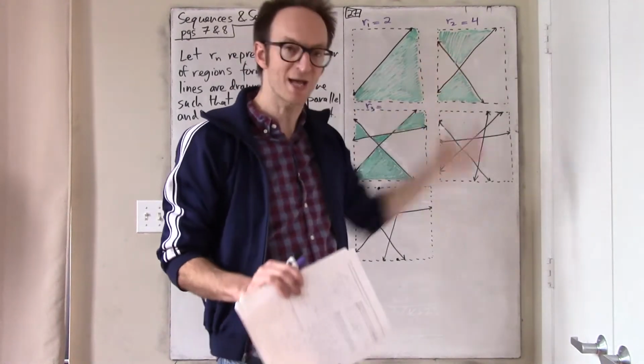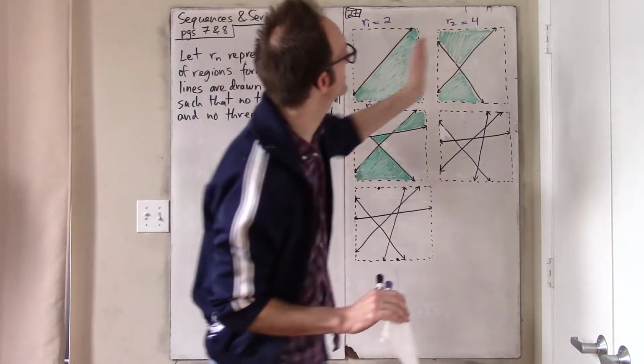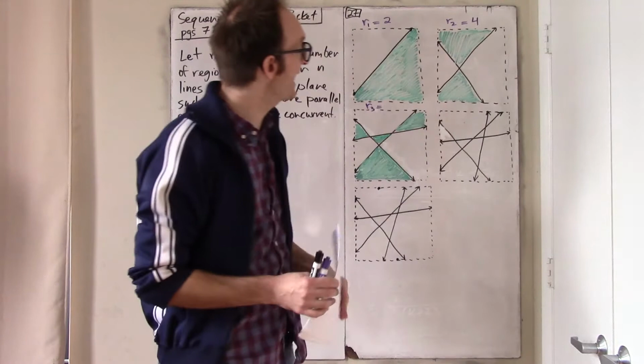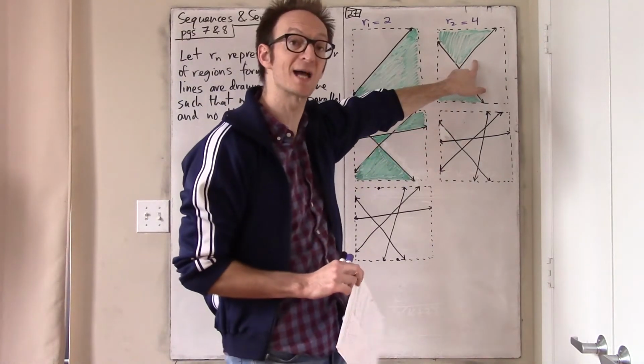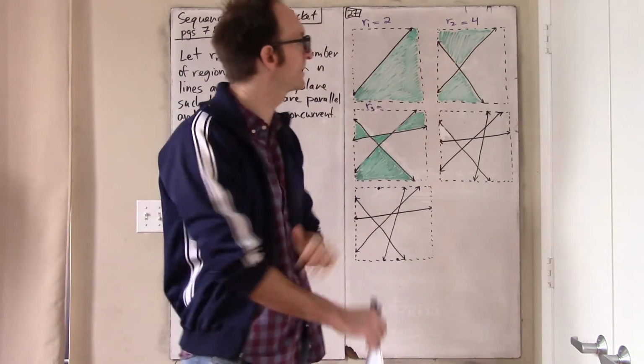In other words, don't have any 3 lines meeting at a point. Now what I need to do is cut through as many lines as possible, but not going through that point of intersection that already exists and not being parallel.